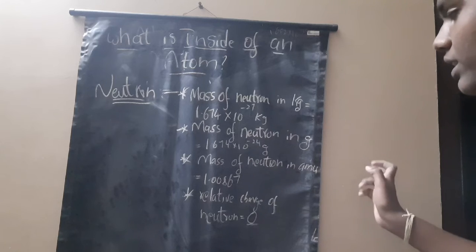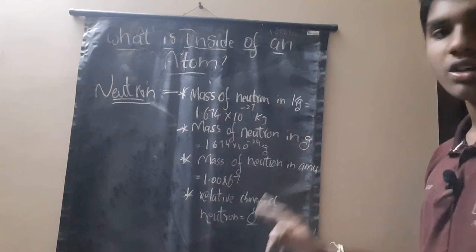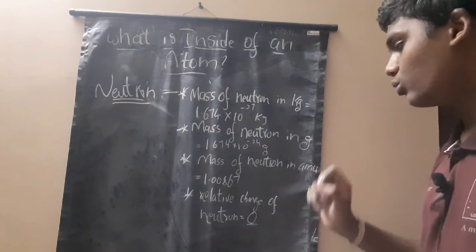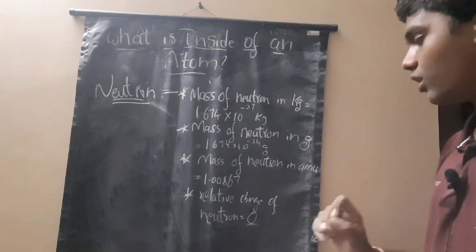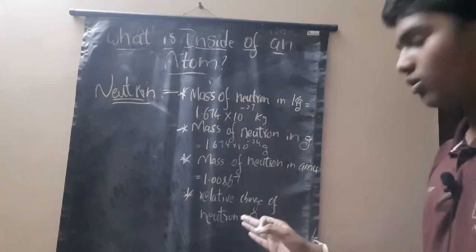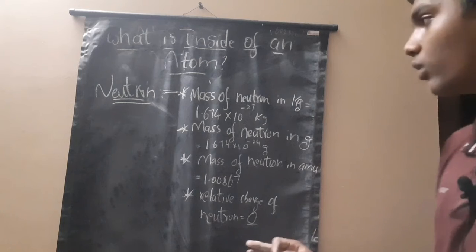The mass of the neutron in grams is 1.674 into 10 to the power of minus 24 grams. The mass of the neutron in atomic mass units is 1.00867, and the relative charge of the neutron is 0 because there is no charge on the neutron.